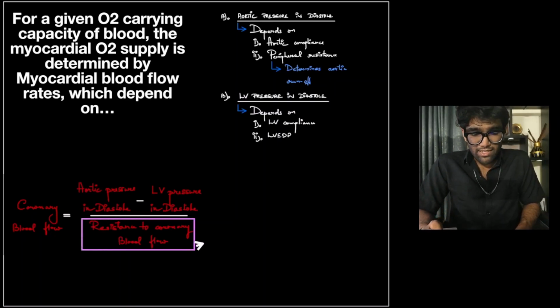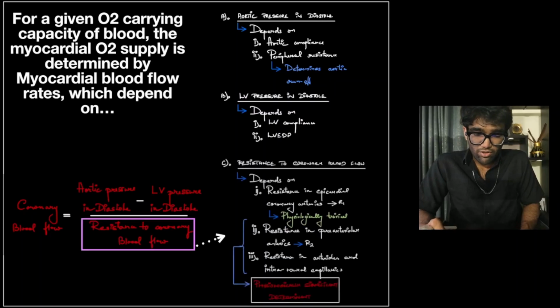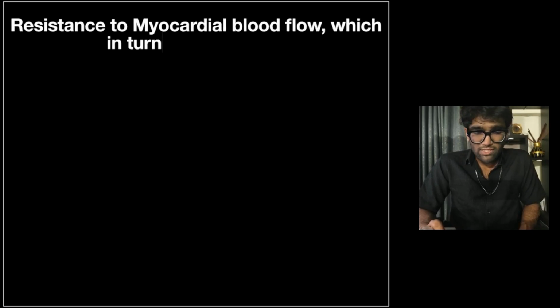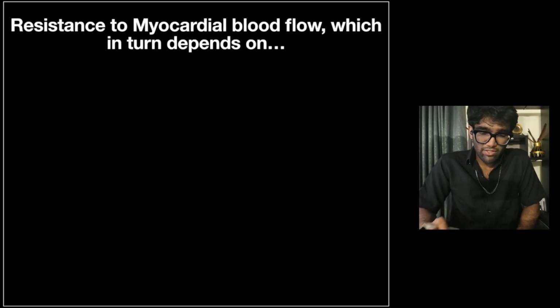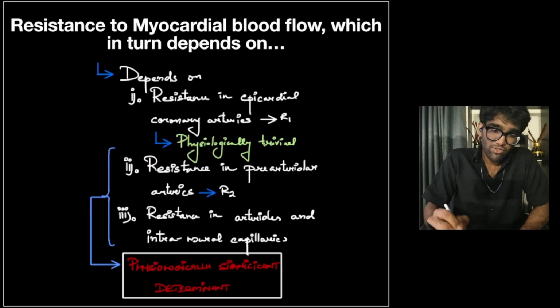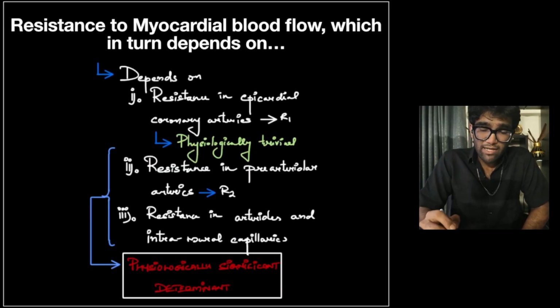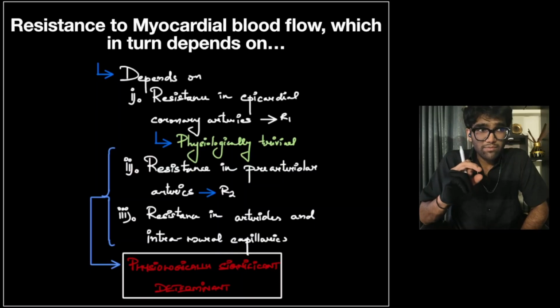Now, the third thing is resistance to coronary blood flow. Resistance to coronary blood flow actually has three components, which are termed R1, R2, and R3, and we'll get to that in the next slide. It depends on the resistance to flow in the epicardial vessels, that is the vessels in the pericardium, at the most superficial part of the heart.